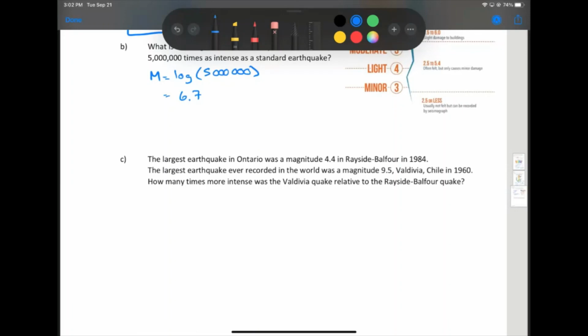Okay, so here's how I want you to think about it. Every time you go up by 1 on the magnitude scale, you're multiplying by another 10. Well, if we're going from 4.4 to 9.5, we're going up 5.1.